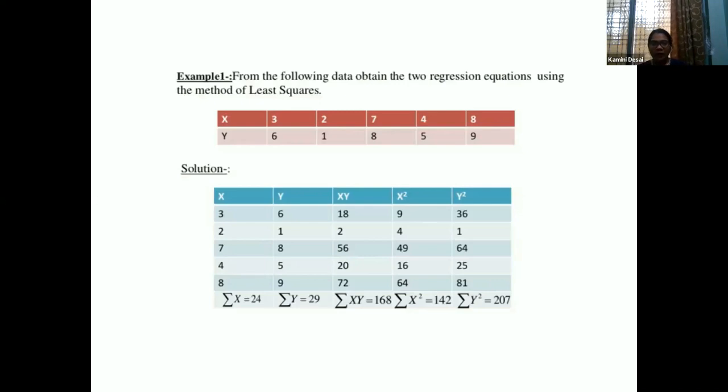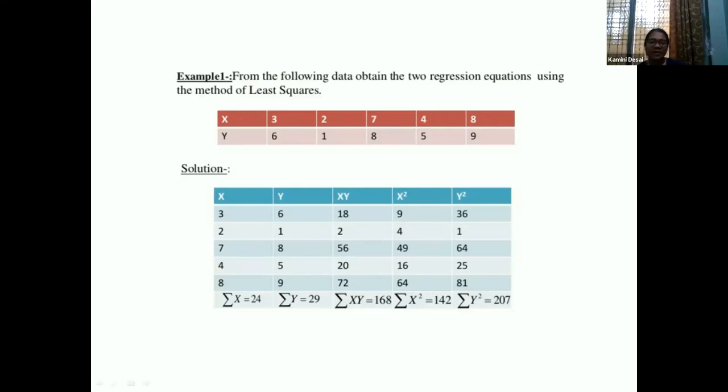So what do we have to find now? First, calculate the sum of x, then calculate the sum of y. Up to this, you can do that, right? Yesterday, whatever we did in correlation, it is the same thing. We type this data in Excel, then calculate the sum of x and sum of y.